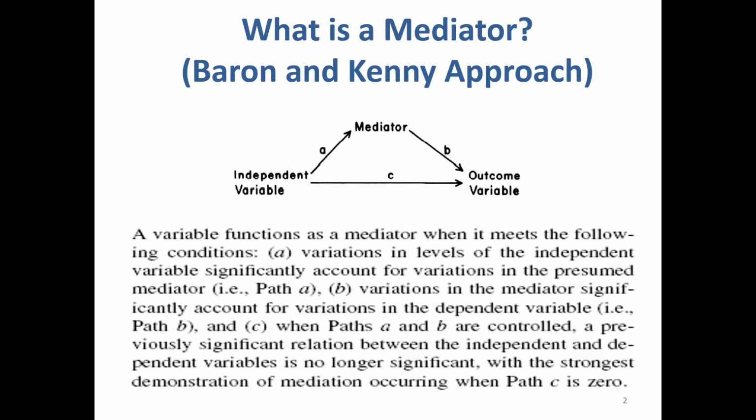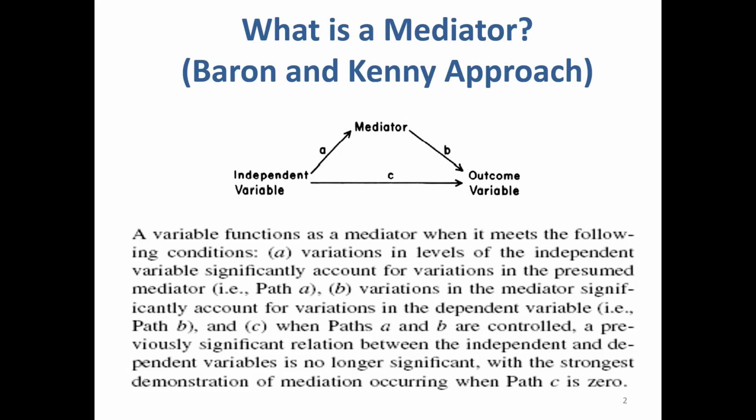That means the independent variable is also impacting the dependent variable directly, as well as affecting the dependent variable through the mediator. So all A, B, and C are significant. In this case, you can say that this is a case of partial mediation. The direct effect is also there, and the mediating effect is also there.